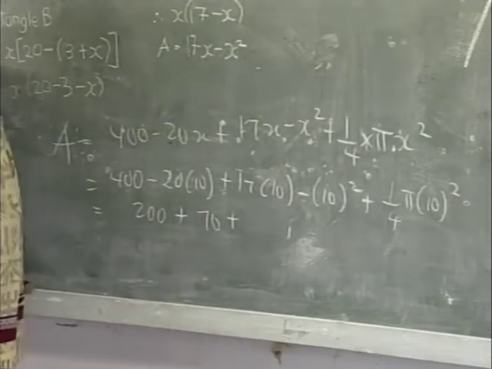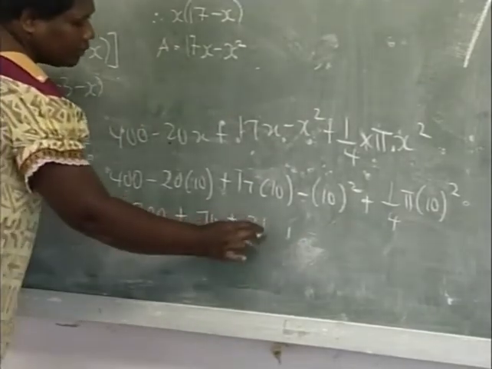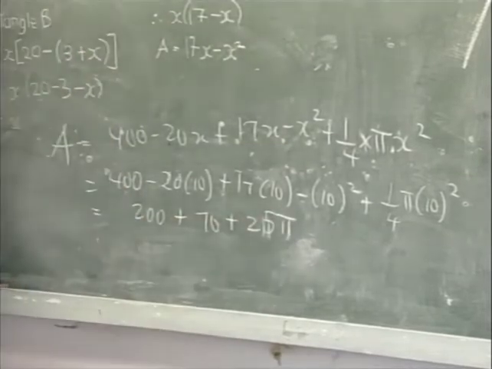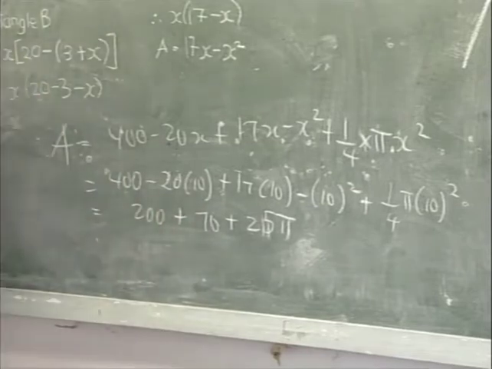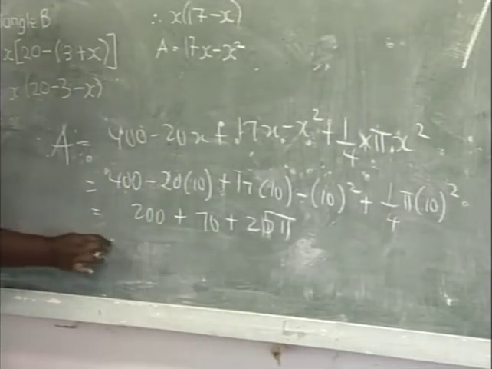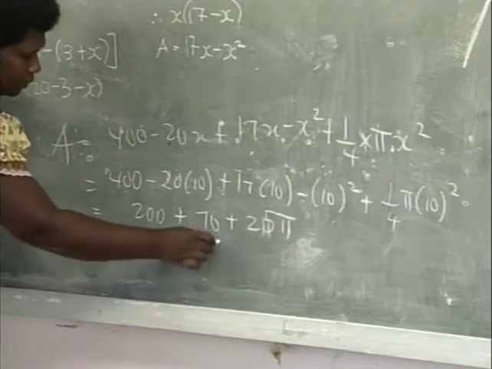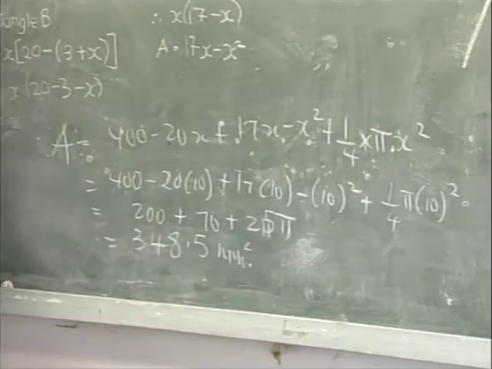Plus 1/4 of 100 is 25. I get 25 pi. So 200 plus 70 plus 25 pi is equal to 348.5 square millimeters. All right, that's the answer to number 4. It wasn't hard, very simple.